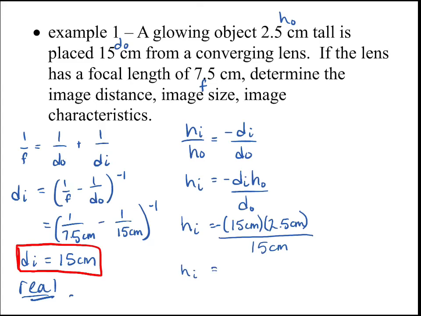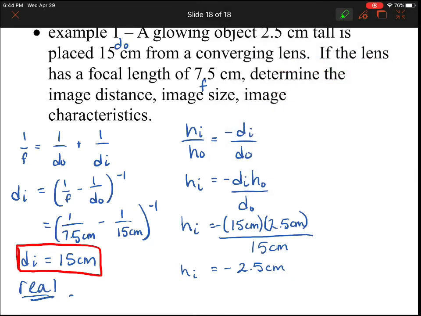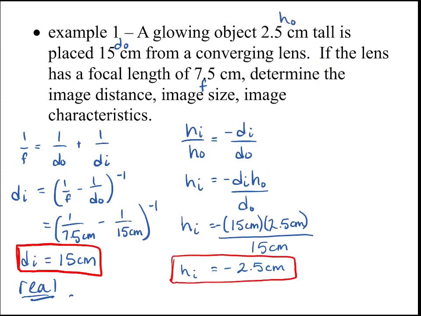Okay, so if we do that, we know that the image height is negative 2.5 centimeters. Okay, so that's what we expected, right? Because we knew that the image would be inverted because we know it's a real image.